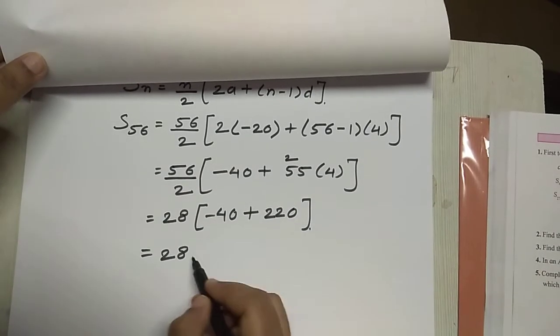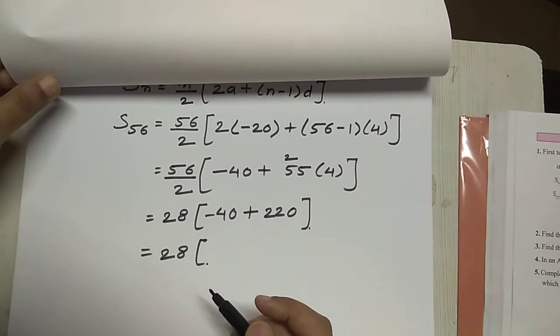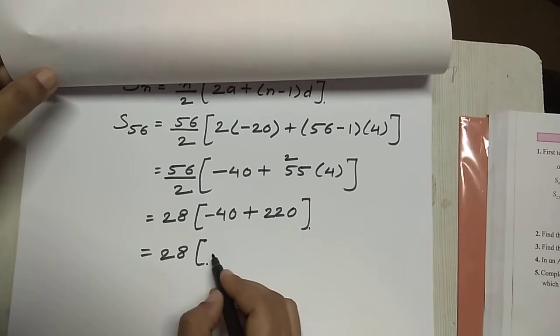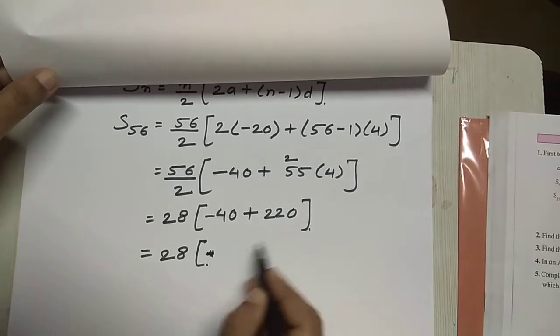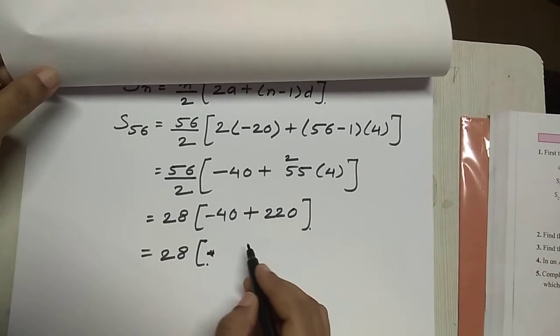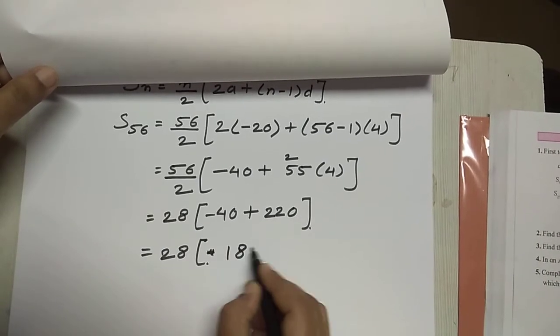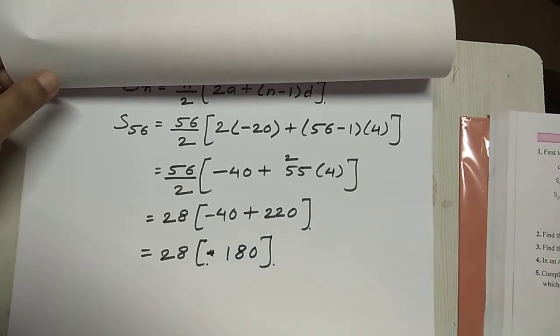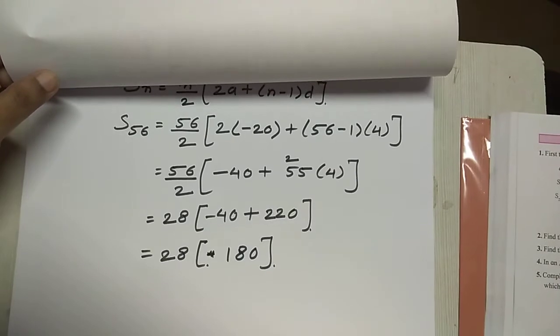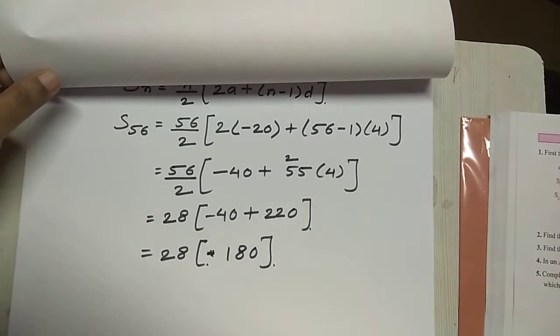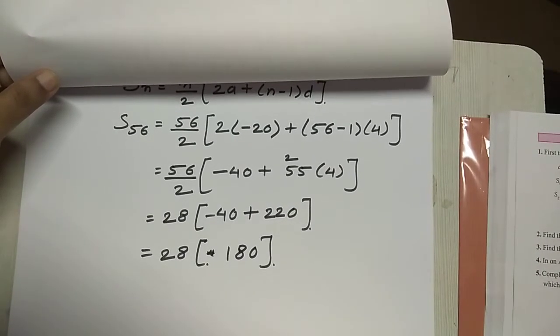This is all a simple calculation, children. You need to just go on calculating the answer. Minus 40 plus 220 will give you the answer 180.